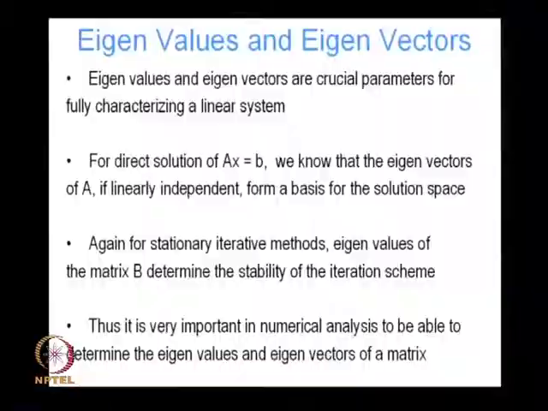After I do n iterations, whether I am going to converge to a solution or diverge and go somewhere totally different, all that depends on the spectrum of my B matrix. Thus, it is very important in numerical analysis to be able to determine the eigenvalues and eigenvectors of a matrix.